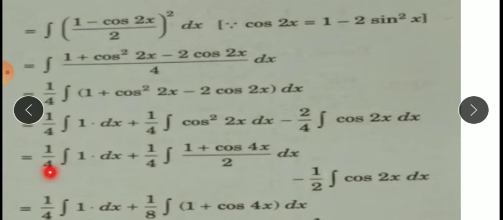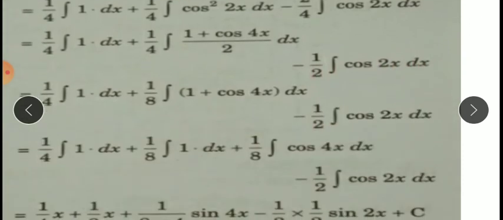That is equal to 1 upon 4 integration 1 plus 1 upon 4, where cos square 2x can be written as 1 plus cos 4x upon 2, minus 1 upon 2 integration cos 2x.